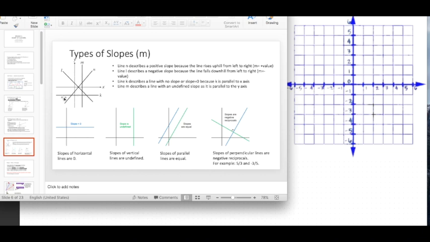So on the SAT, it would be in your best interest to be able to identify the different types of slopes in either a graph type question, a question that gives equations, or even a scenario based question where you have to convert English to math. So we have line N, which is positive slope, line L, negative slope, line K, which has a slope of 0 or no slope, and then line M, which has an undefined slope.